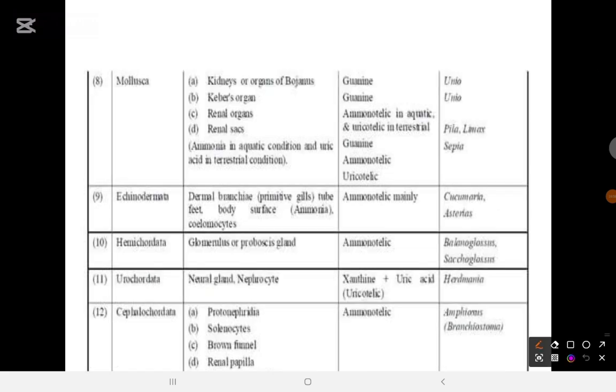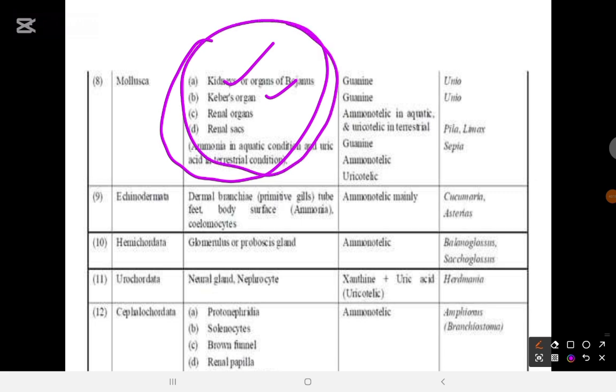The mollusks use kidney or advanced nephridia. Is that okay? Just take them as generally kidneys, but they have special names depending on the organisms too. Just like we said in phylum, we have the Unionids, we have the bivalves, we have the Keber's organ.